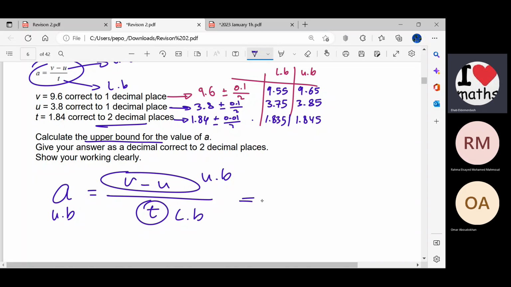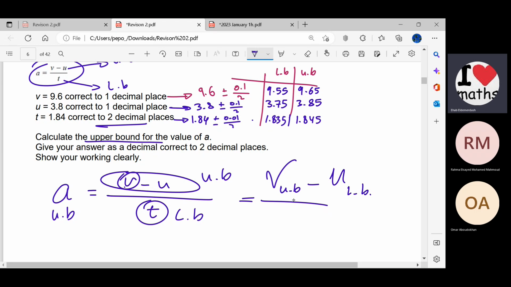Agreed? Now for v minus u, I need it as upper bound, and it's a subtraction. So v should be upper bound and u should be lower bound, because in subtraction and division, the first follows and the second is opposite.